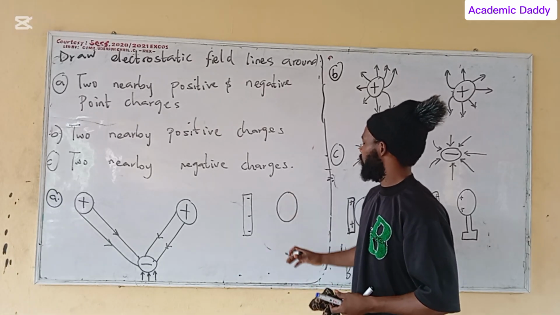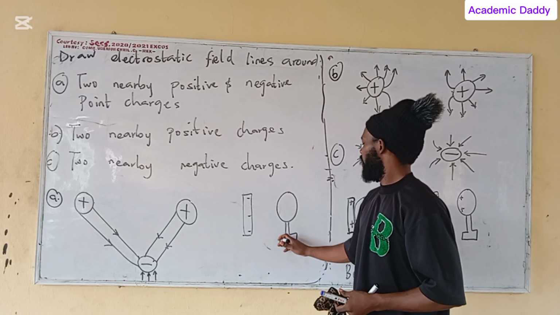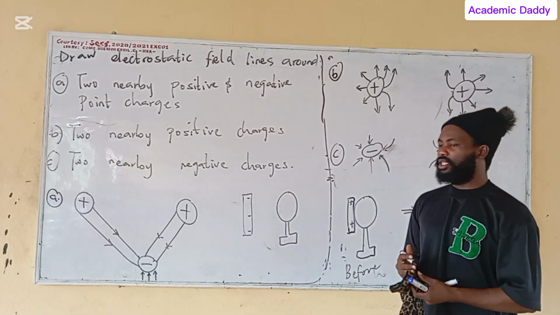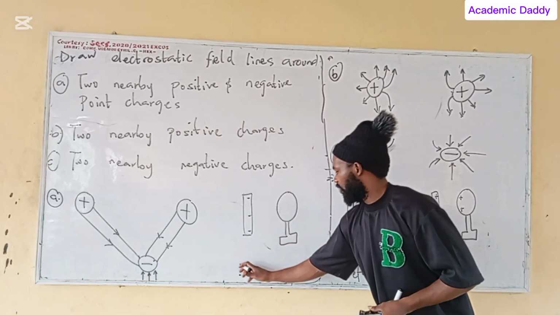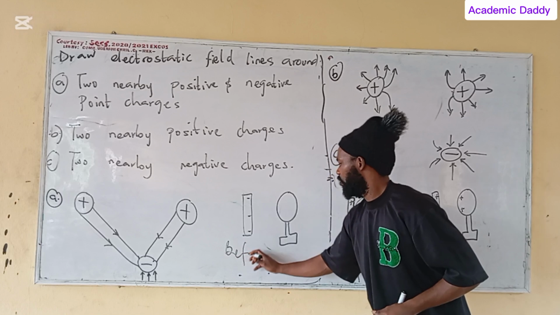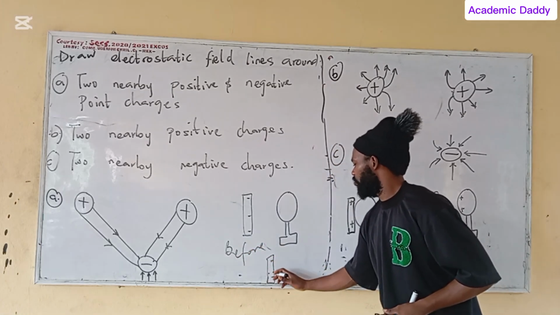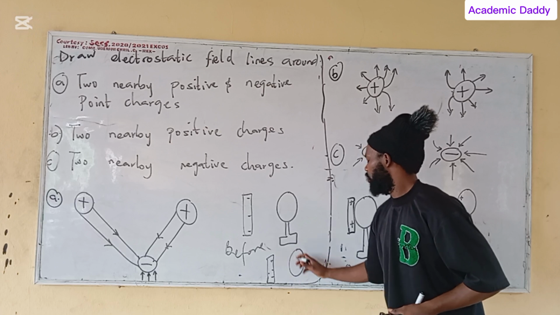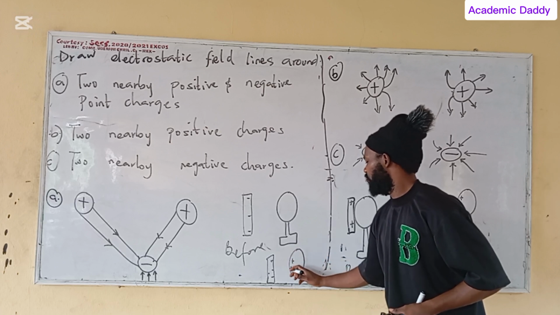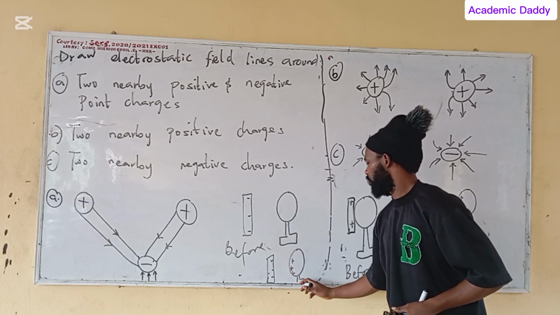So let's say this is here, this is here. By the time you engage these two by induction, this is before. After, you now have a negative rod and this sphere will be positively charged.